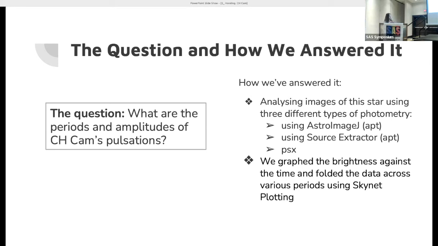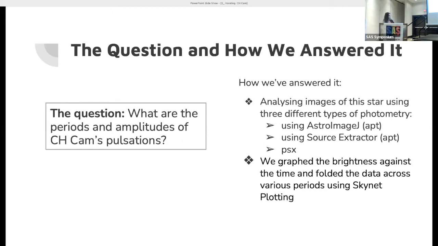We used these different methods to try to account for the peripheral light from the nebula, and also to try to show the small pulsations of the star.